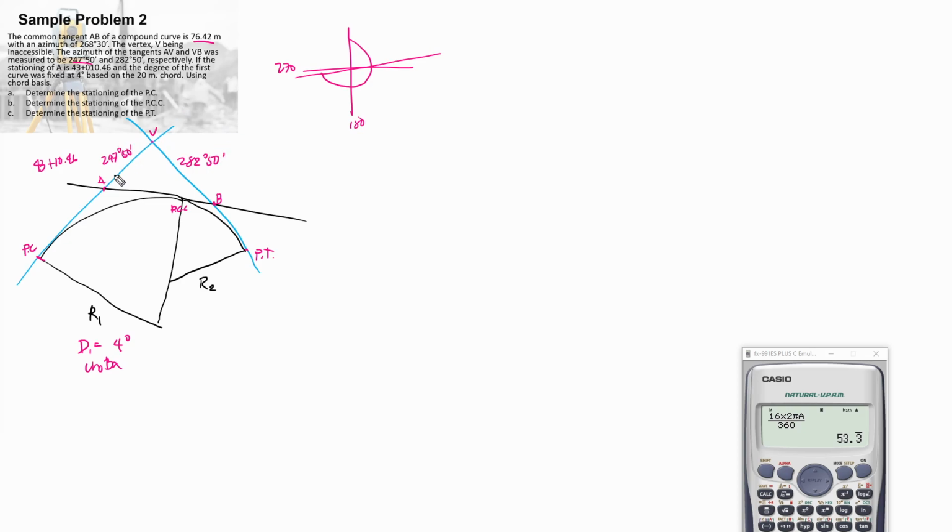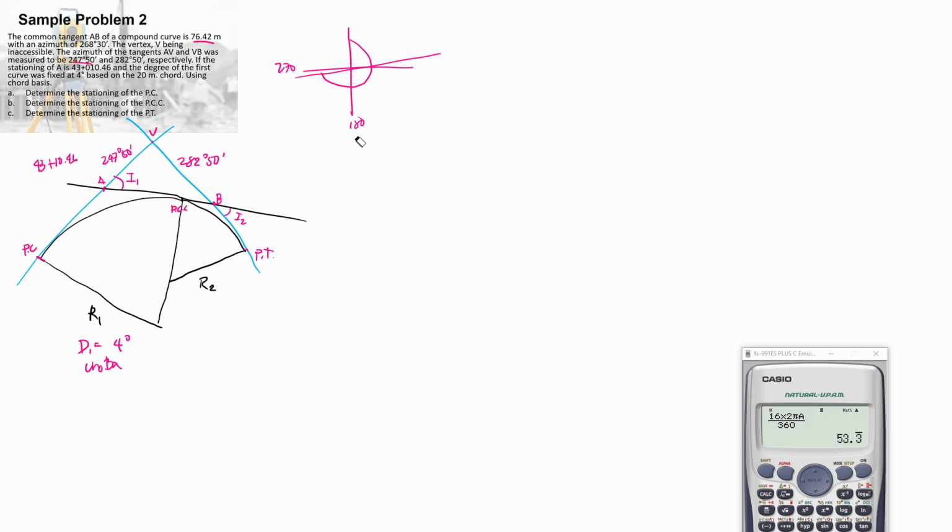Ayan, hanapin na natin. So, first, kailangan natin alamin yung individual central angle natin. Paano natin siya malalaman? Given naman tayo nung azimuth nito and then azimuth nito, subtract na lang natin.